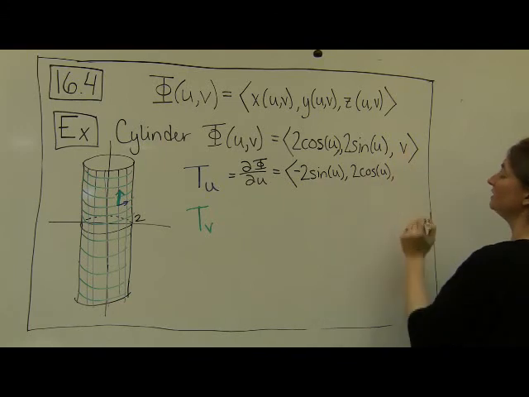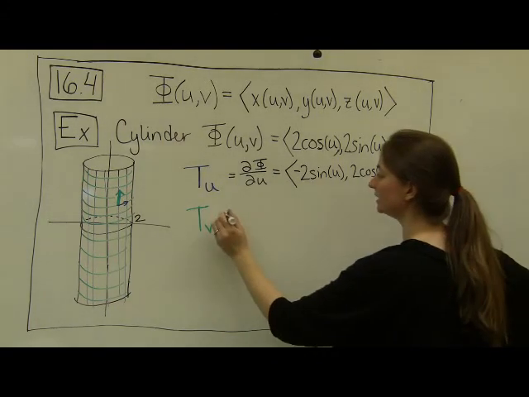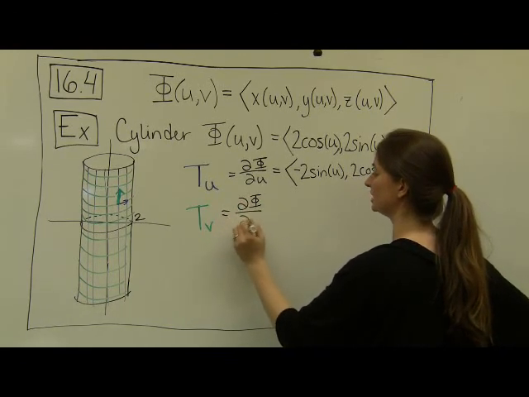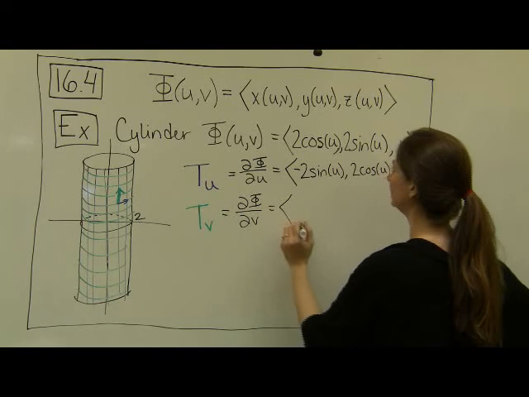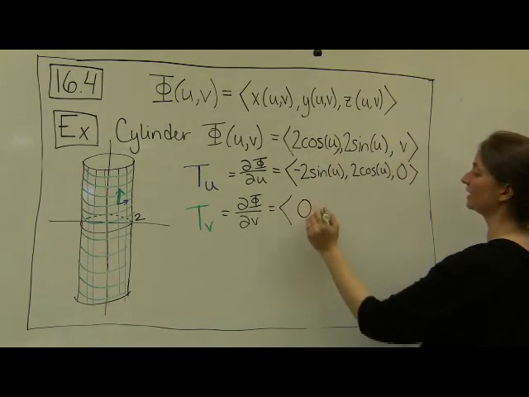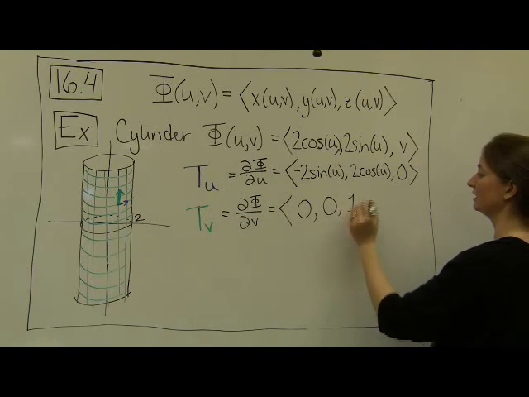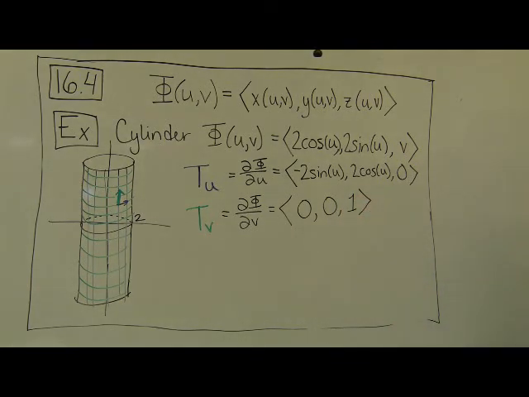And the derivative of v with respect to u is just going to be 0. Similarly, when I look at my partial derivative of my parameterization with respect to v, I see that there are no v's in that component, there are no v's in that component, and the only v I get here is 1. Let's look at what the geometry of that is saying.